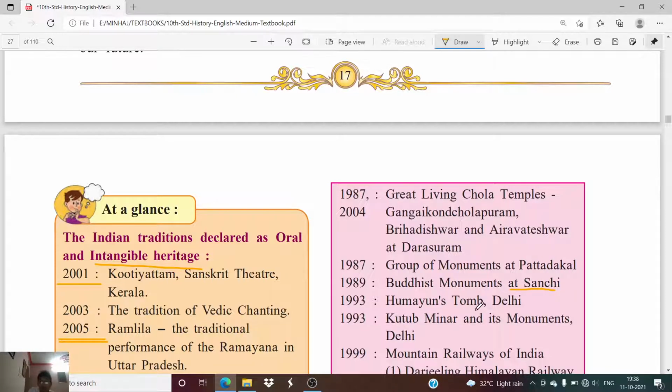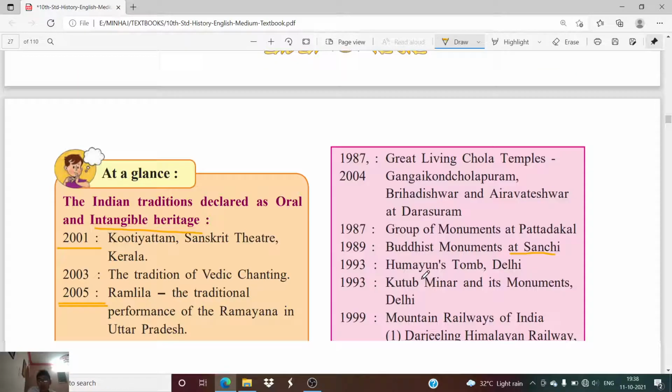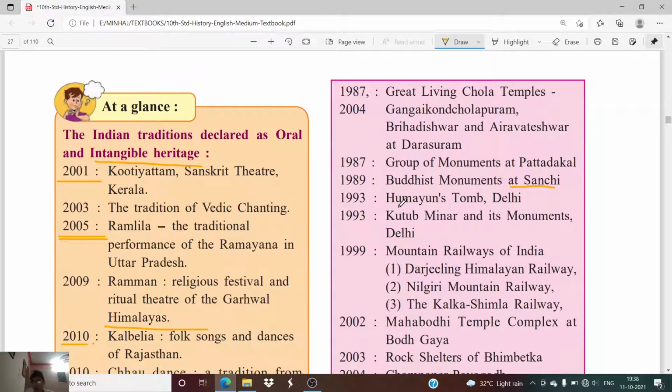Then Humayun's tomb, which is in Delhi. Humayun, the second emperor of the Mughal Empire. Then Qutub Minar and its monuments, which are in Delhi. Then Mountain Railways of India. Now, these are also very much famous, and they have been declared as World Heritage Sites.